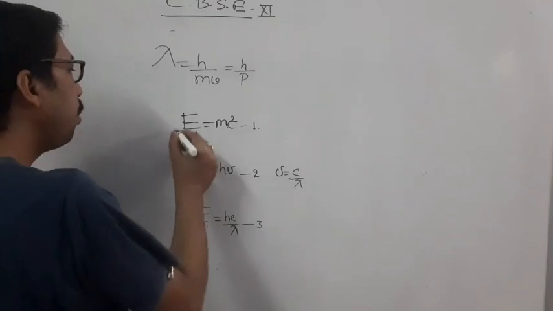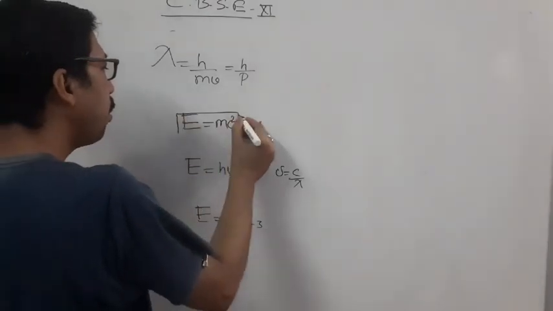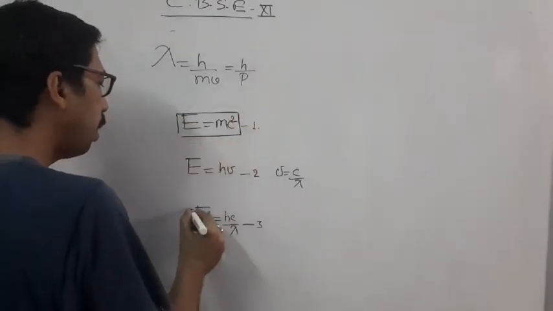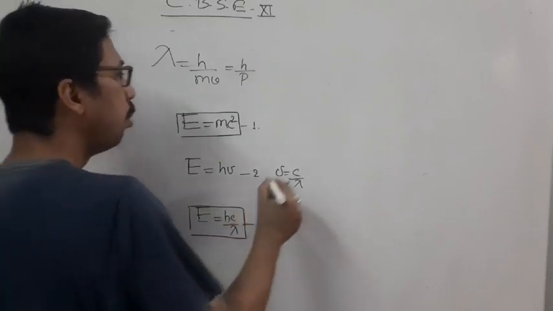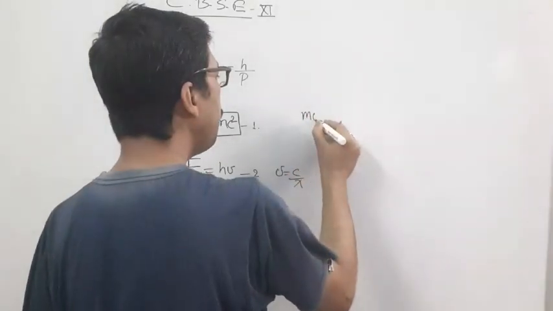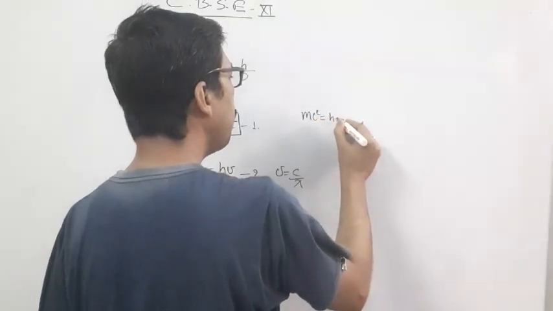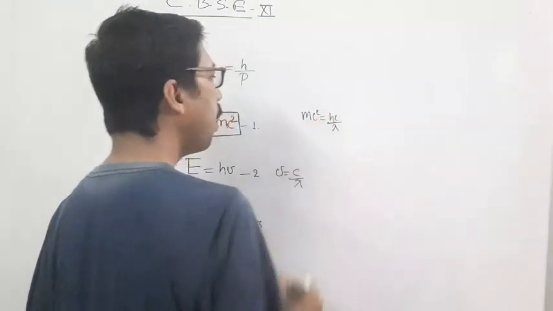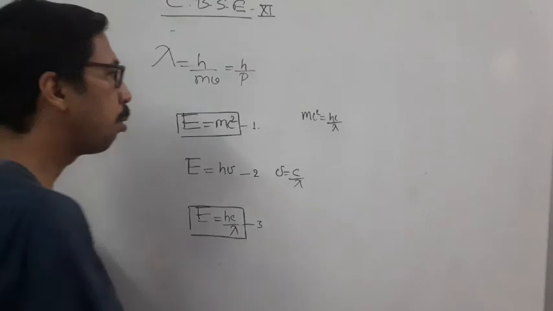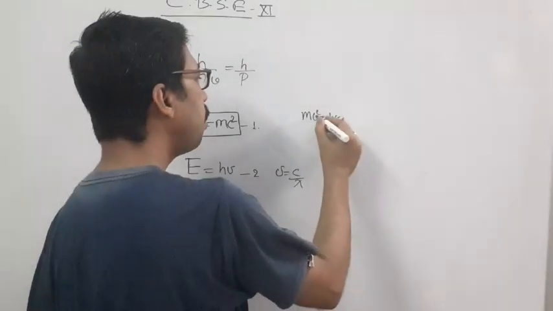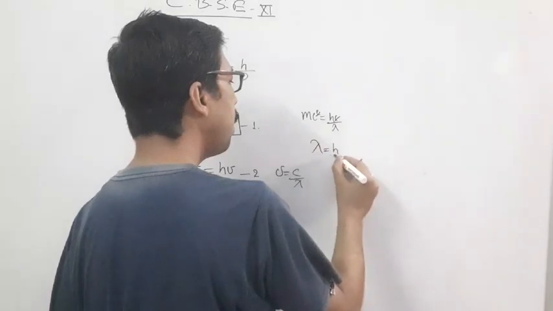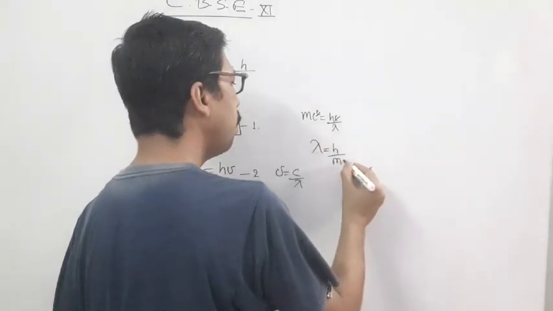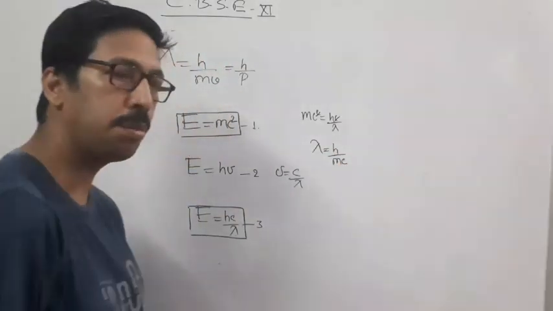Now what we have to do is equate equation number 1 and equation number 3. So we have mc square is equal to hc by lambda. So we can cancel out one of the c and we'll have lambda is equal to h by mc.